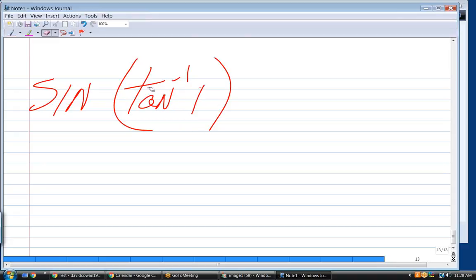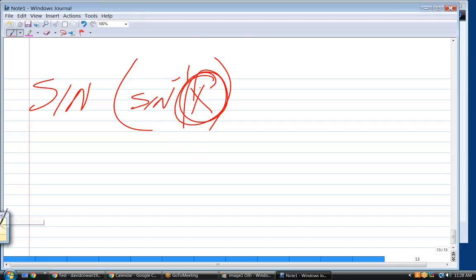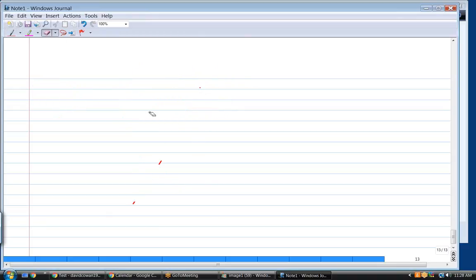Okay. You haven't seen anything like this, but you may have seen stuff like this. Sine of the inverse sine. And then you always know that it's going to be that. That's what's left when you do that. Either way, if I take the sine of an inverse sine or the inverse sine of a sine, I get what's left after I do that.